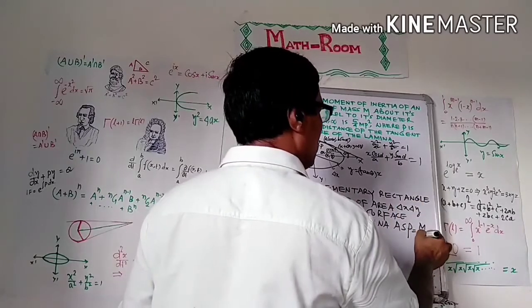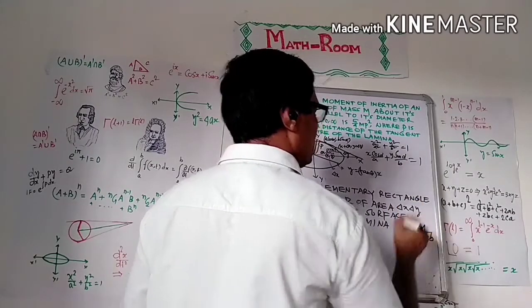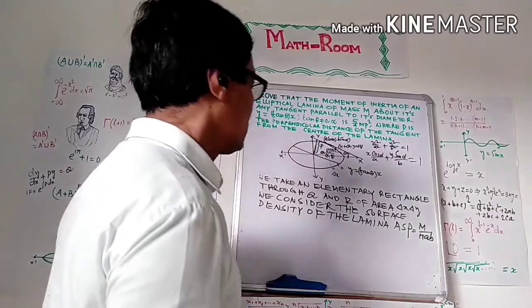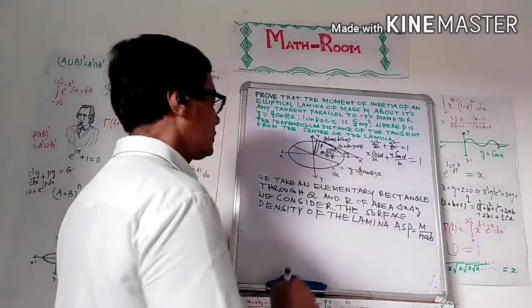The area of the lamina is pi a b, so the surface density is rho equal to m over pi a b.